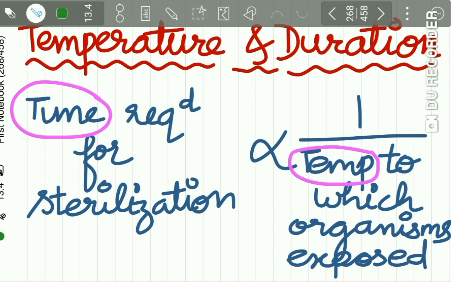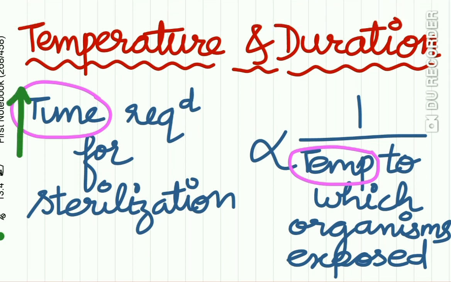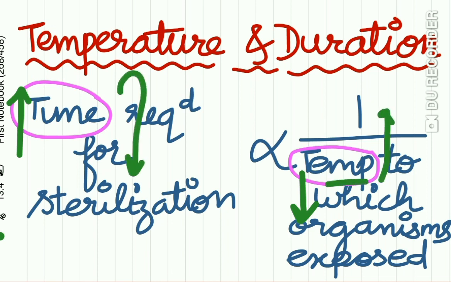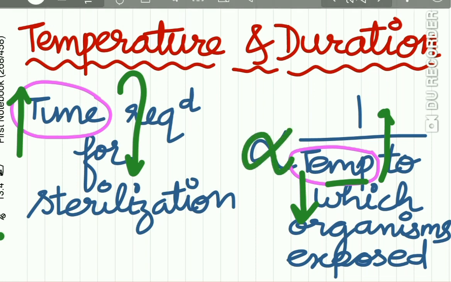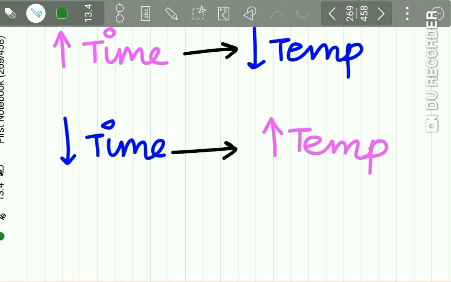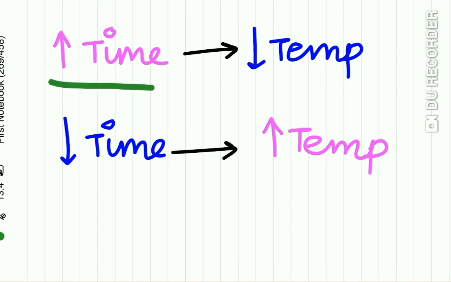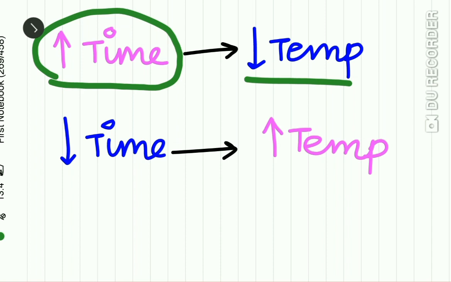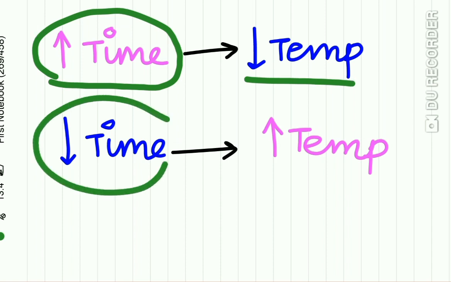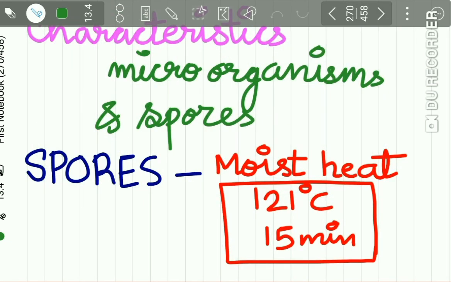So the time required is more if the temperature used to kill the microorganisms is less, and vice versa. That is, the time required will be less if the temperature is increased. So there is reverse proportionality between the time and the temperature. More time will be required if the temperature used is less, and less time will be required if the sterilization is done at a higher temperature.